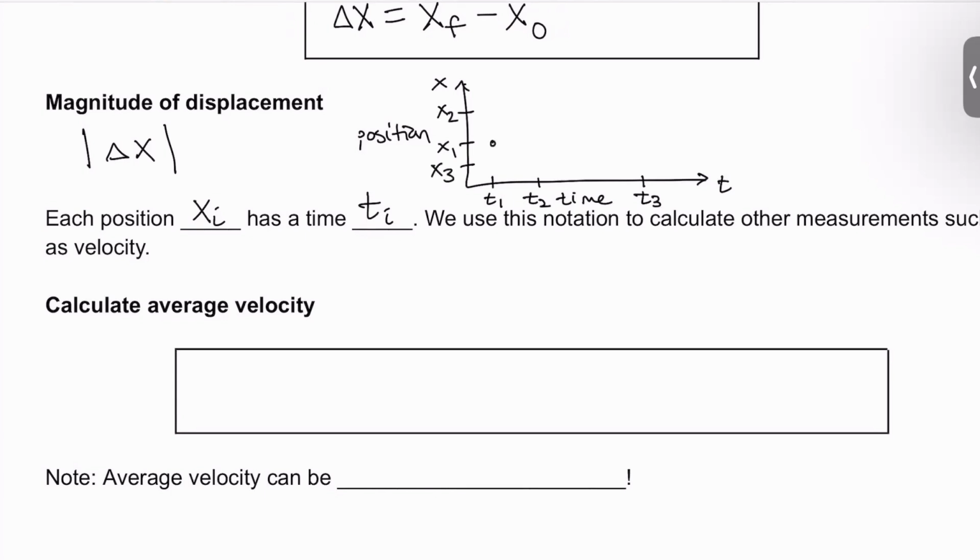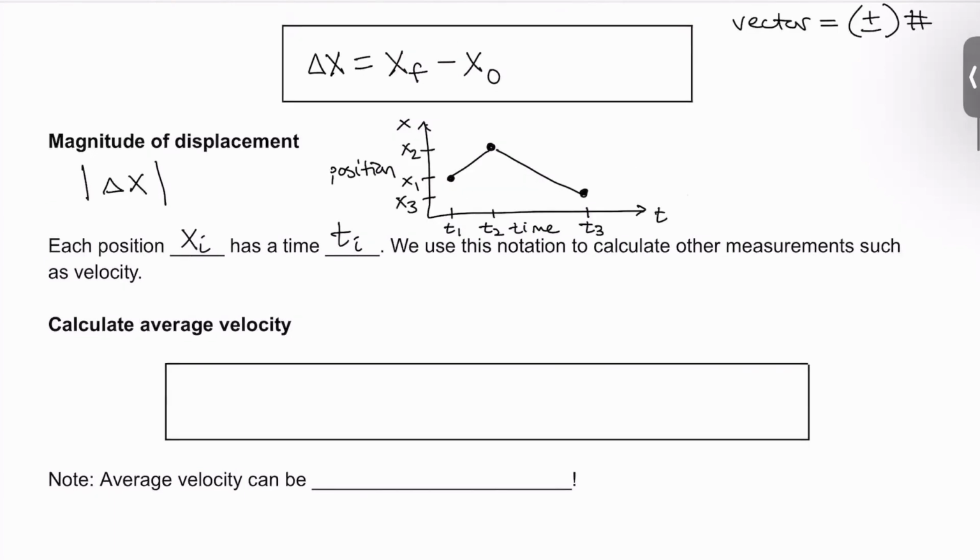So maybe position 1 was here, position 2 was there, and then position 3 was here. And this just tells you how position is changing with time. It's similar to how I used x subscript f and x subscript naught up here to denote the final position and the initial position.